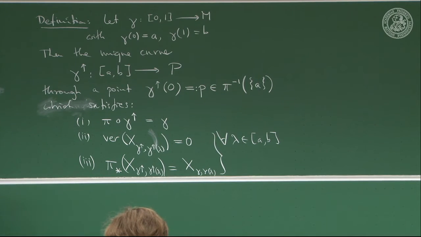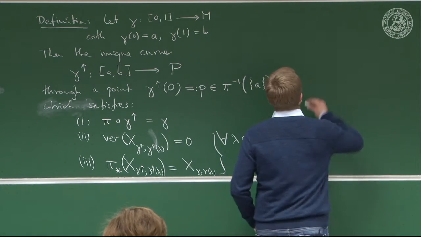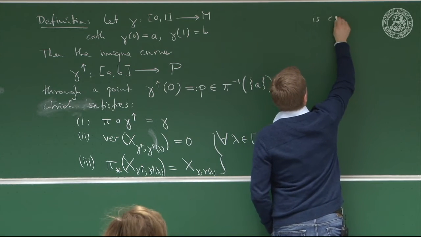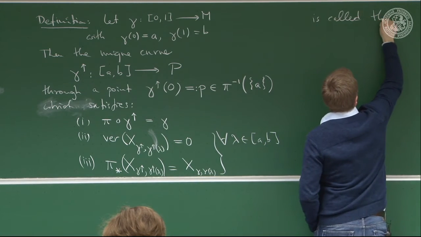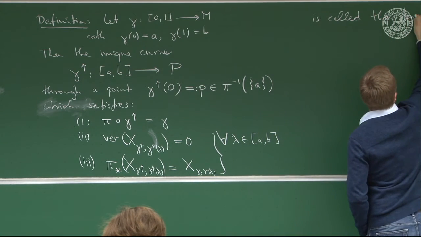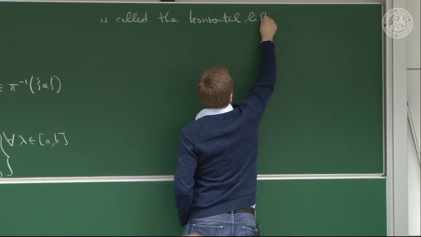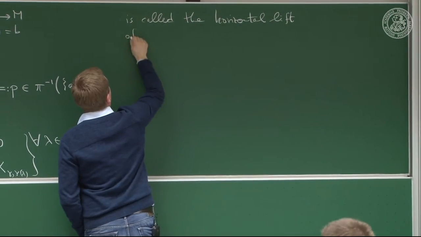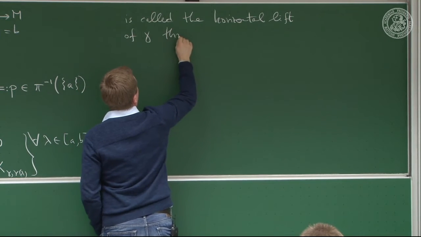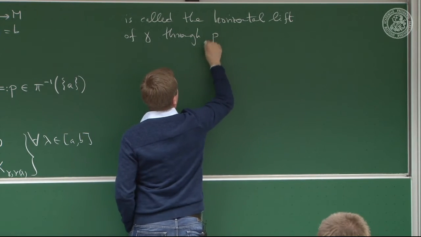So this curve, which satisfies this, is called the horizontal lift. The horizontal lift of gamma through P.